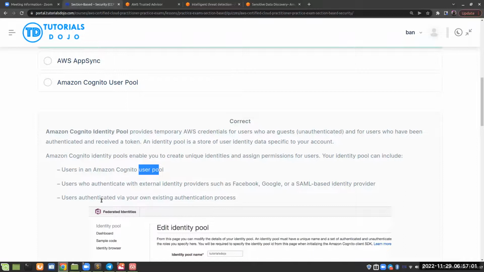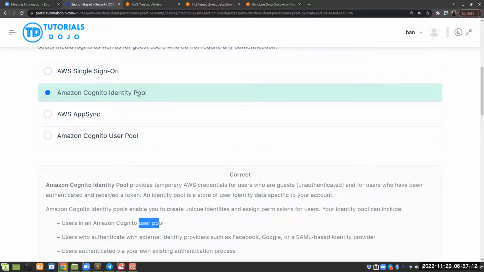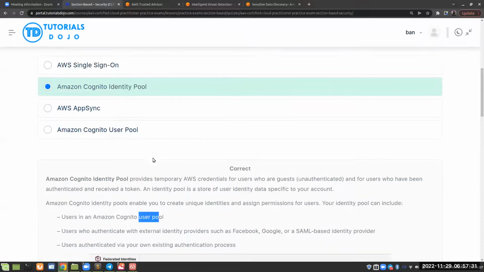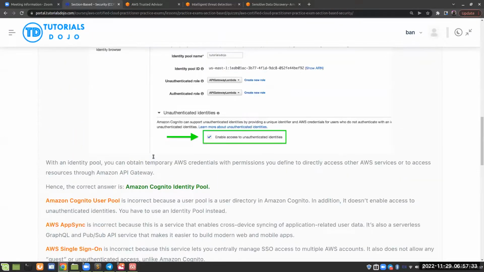Users are authenticated through your own existing authentication process. So with identity pools, users can come from these different locations. Just try to learn this now: identity pool is always dealing with permissions, and Cognito user pool is always dealing with a pool of users. And permissions can be assigned to members of the Cognito user pool. Those words can play in your mind and have you confused.